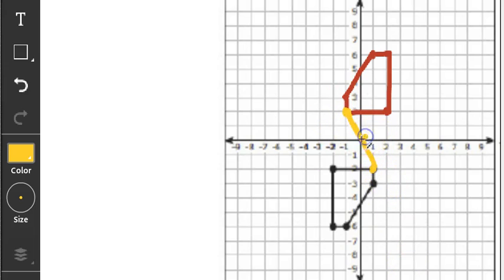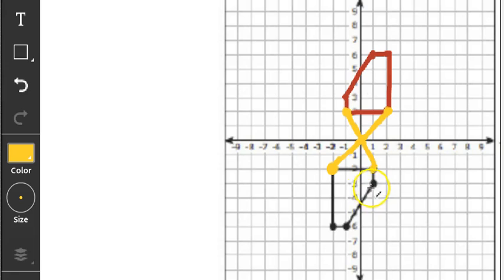But it has to go through the origin. That's the key here. Okay, so I'm going to do that with the 2, 2 point with its counterpart. Again, should go right through the origin.